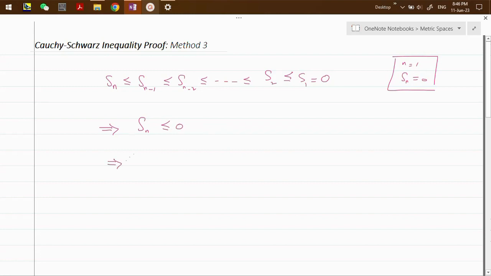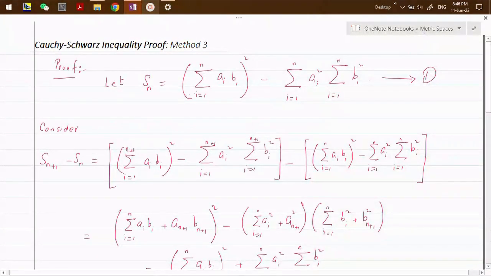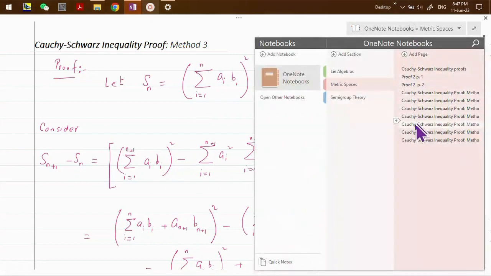What is Sn? Suppose in the first step when we started by using equation 1, we supposed that Sn is equal to summation ai bi whole square minus summation ai square into summation bi square.